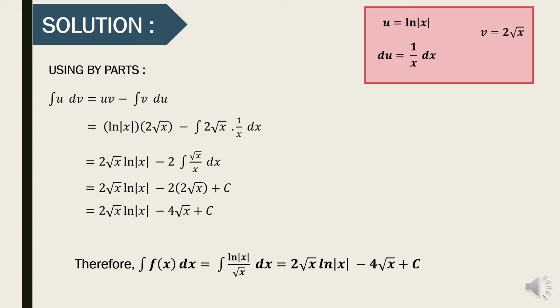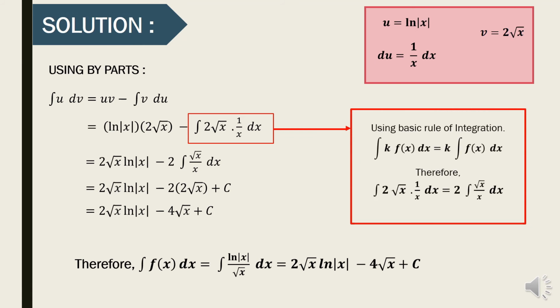Now, from this part, 2 square root of x multiplied by 1 over x dx. 2 is a constant, so using the basic rule of integration, we can take it out of the integration. So here we got 2 square root of x ln x minus 2 times the integration of square root of x over x dx.